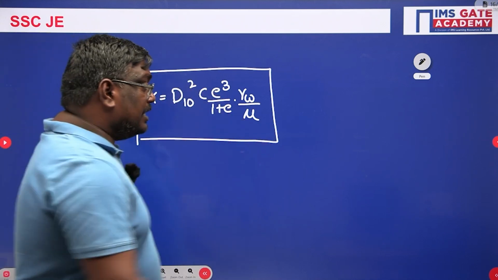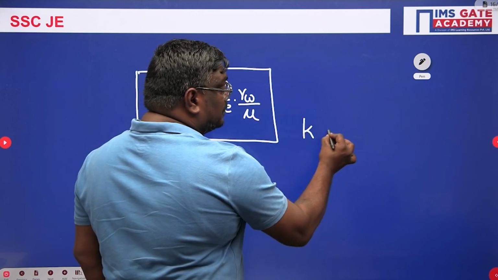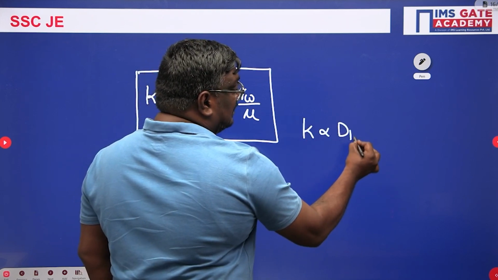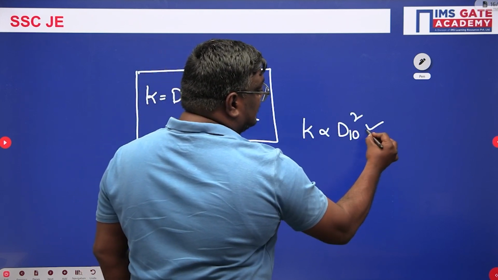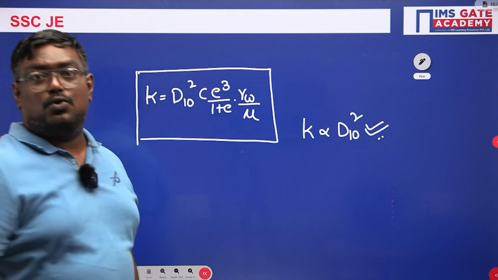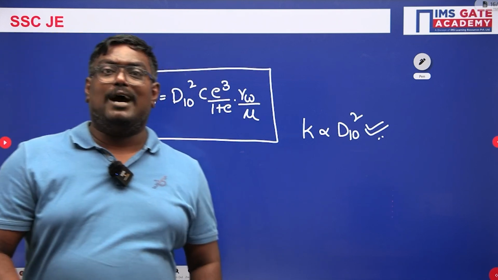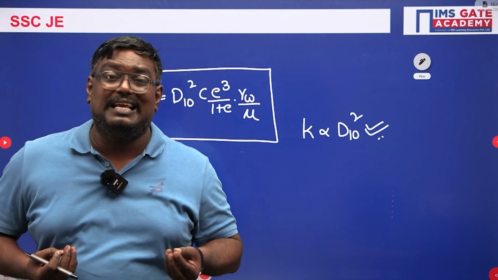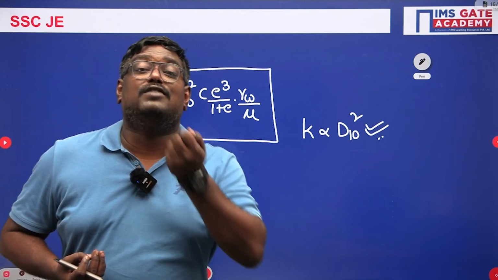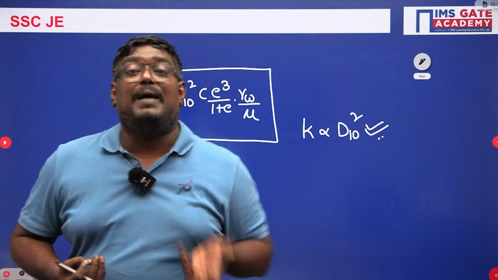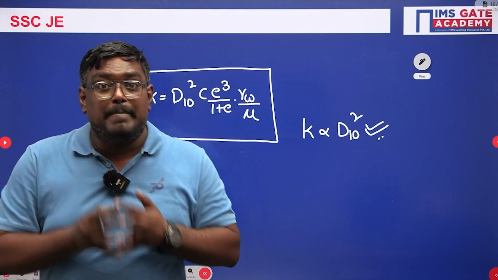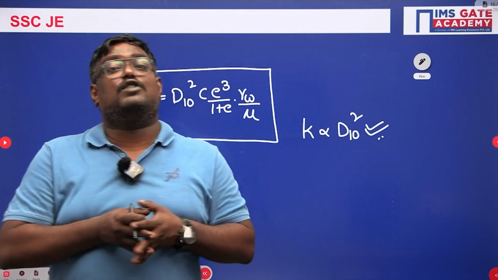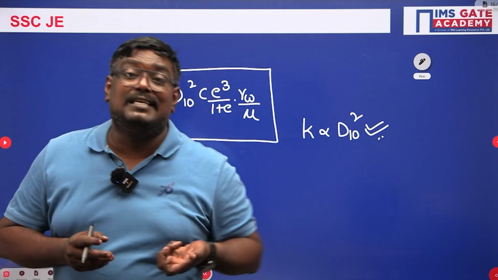Now my dear students, permeability is proportional to particle size squared. So this statement is correct. But let me tell you, fully saturated soils have more water flow. What do you mean by permeability? It is the property of the soil which allows the passage of flow through it.